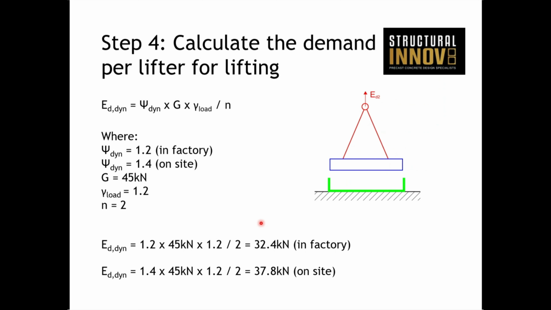So we're calculating all our demands now, and we'll carry them forward as we need to when we're calculating the capacities and cross-checking. So we calculate the formulas here. Dynamic coefficient times your weight of the unit times your partial factor divided by the number of effective lifters. And you can see in the factory, we end up with 32.4 kilonewtons per lifter. And obviously when we get to site then, because of the higher dynamic lifting coefficient, we've got 37.8 kilonewtons.